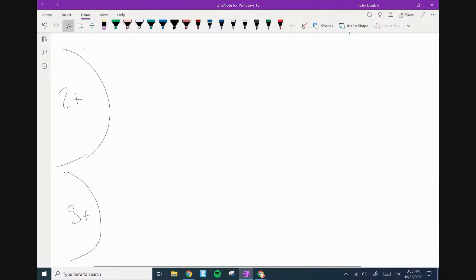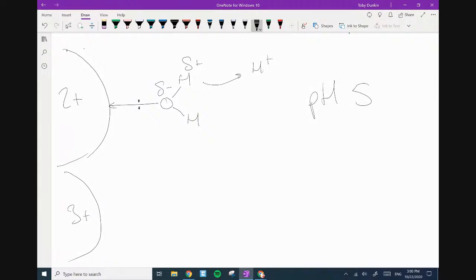So here's the difference. We've got a water molecule bound dative covalently, and the 2+ pulls the electrons down here to make these bonds more polar, and they become weaker. H+ can break free: pH 5. But now we've got a 3+ ion, which is even more charge dense.